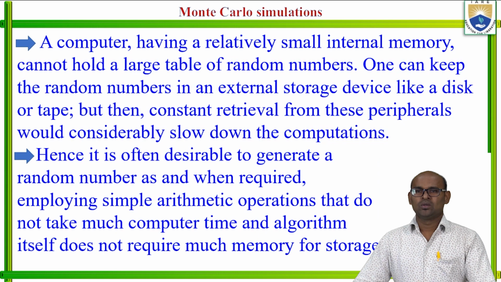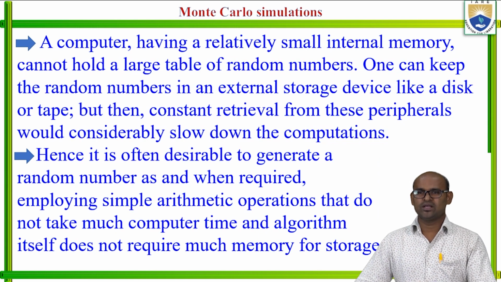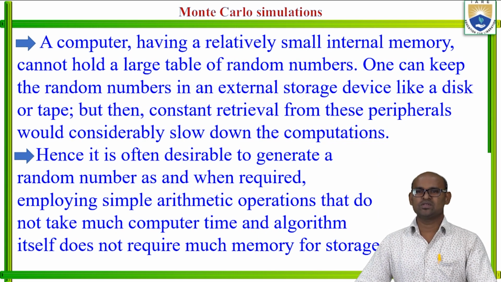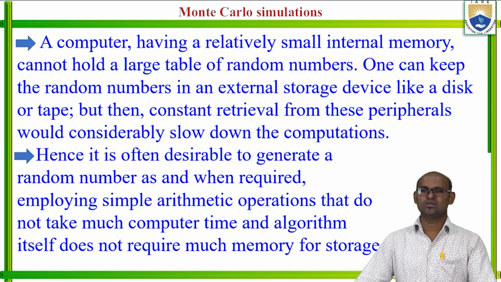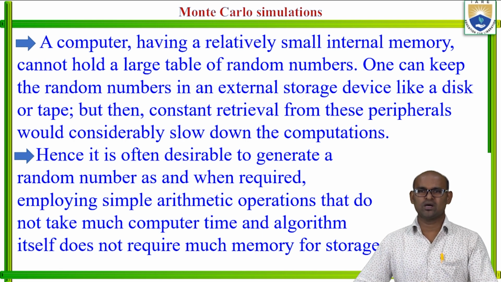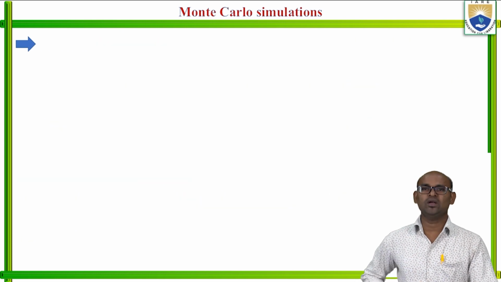So it is desirable to generate a sequence of random numbers when we require them in our simulation. We can do that by using simple arithmetic operations that do not take much computer time, and the algorithms we use to generate these random numbers do not require much computer storage. If we store the truly random numbers and retrieve them whenever we require in simulation, it is going to slow down our computations.